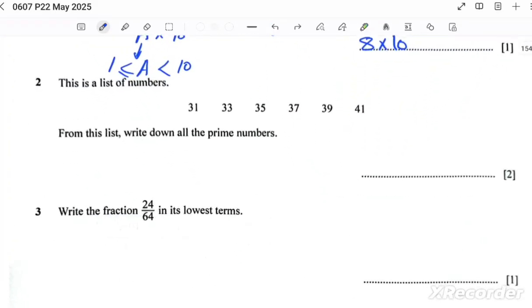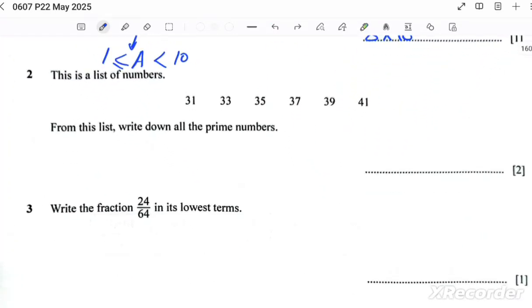Next one. This is a list of numbers. Write down all the prime numbers. One of the best tips in the exam is to read the question very well. When they say write down all, you have to write all of them, not only one.